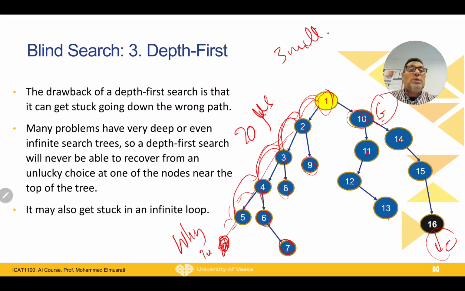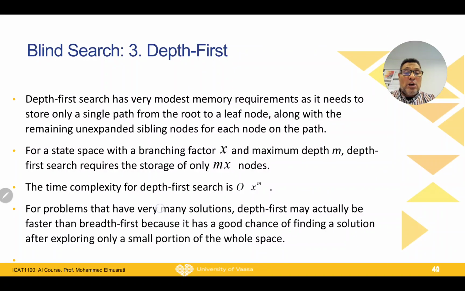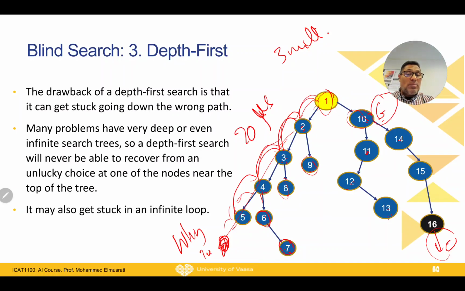This is the reason that we always prefer the informed searching techniques over the uninformed. Of course, sometimes we don't have information, then we have no other choice. But before I complete this part, I would like to mention that there are some modifications of depth first. For example, they use depth first but with a specified depth limit. Say we start with depth equal to 5.